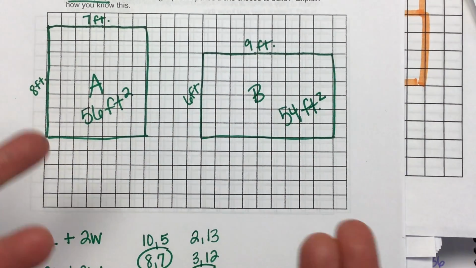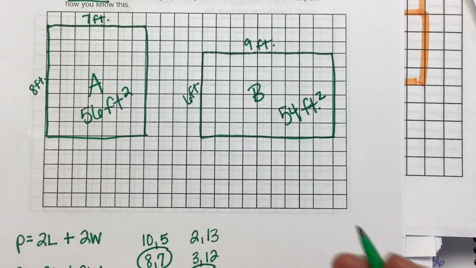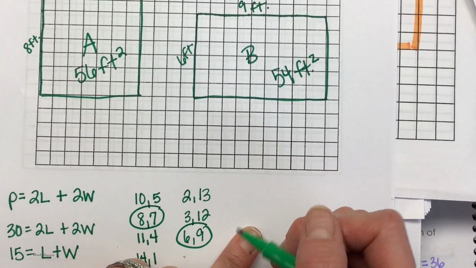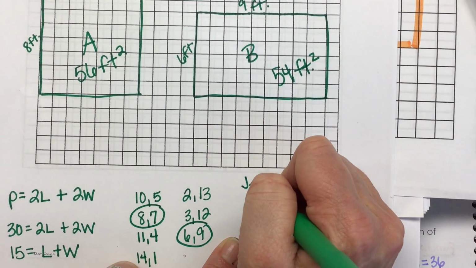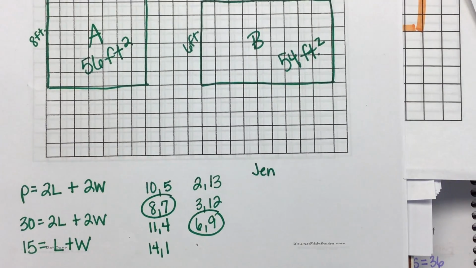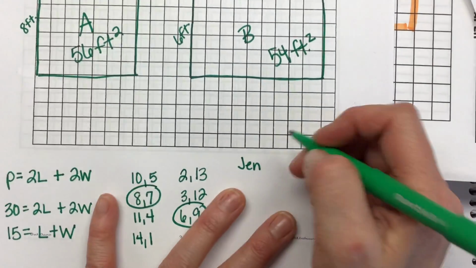Okay, so how can we explain this? Ricky, you need to write smaller, please. If you don't have room to write down here, then write it on another sheet of paper.